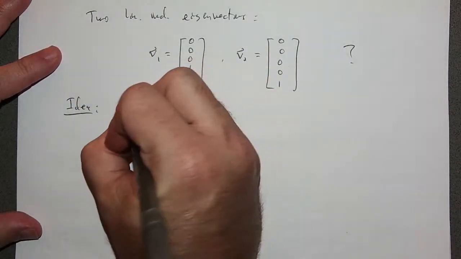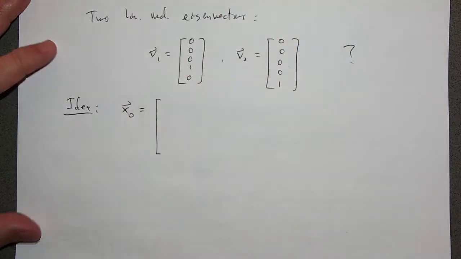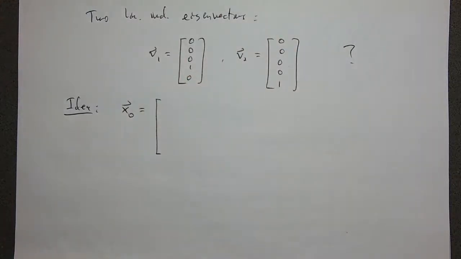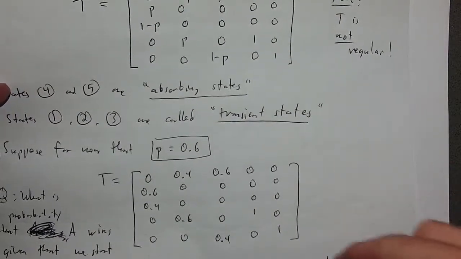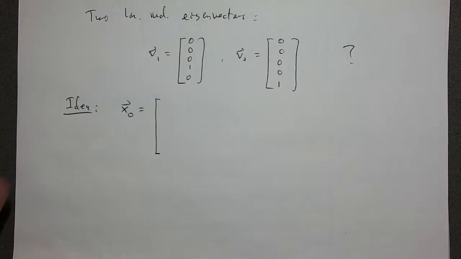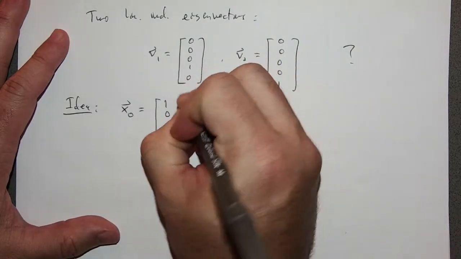Our initial vector is the game starting at a deuce. Its entries are going to track the states 1, 2, 3, 4, 5. So starting in deuce is the vector 1, 0, 0, 0, 0.